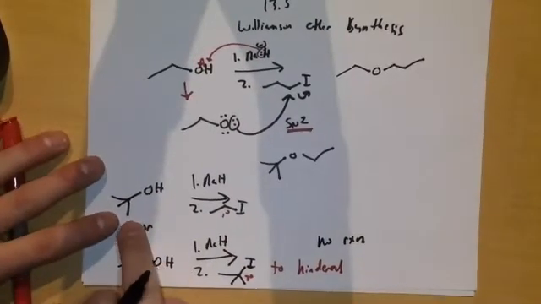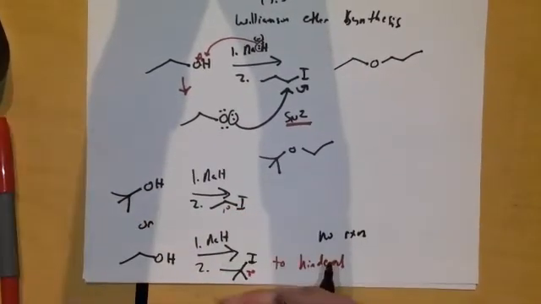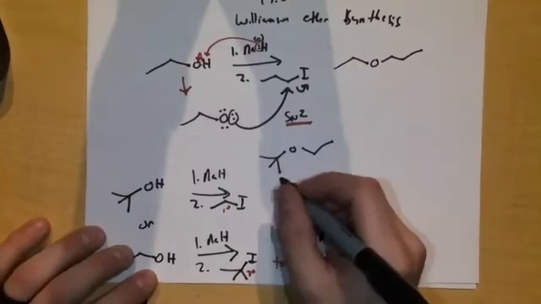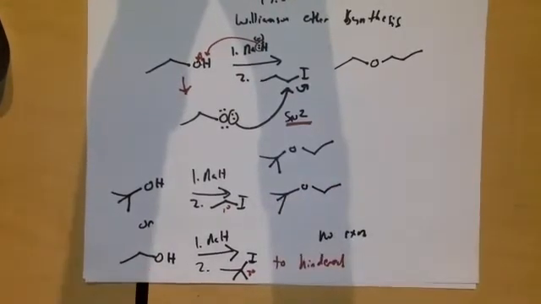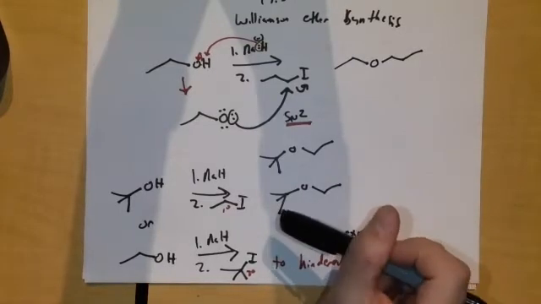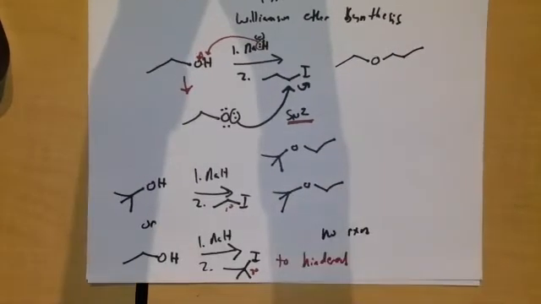Versus this one that's attacking the primary center can easily do this through an SN2 to give you your product. So something to look out for when you're doing these. It does follow normal SN2 mechanisms, and it needs a center that is able to attack.